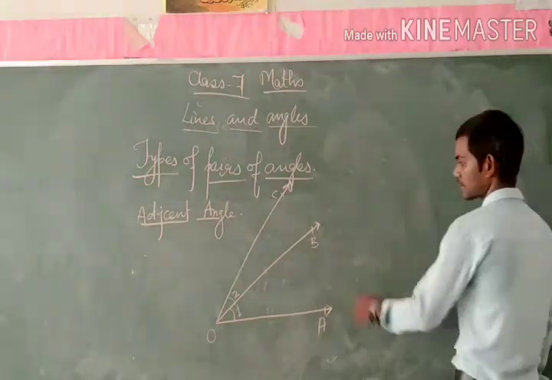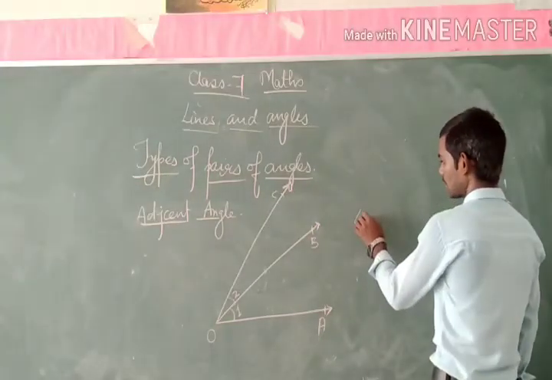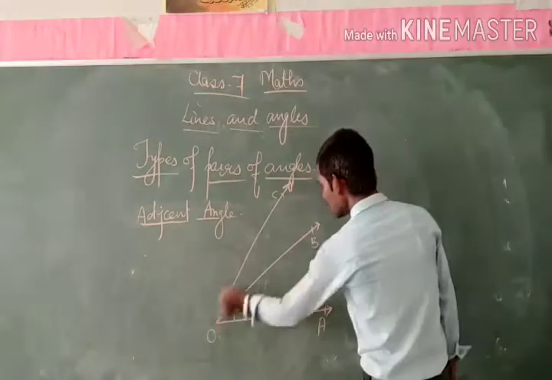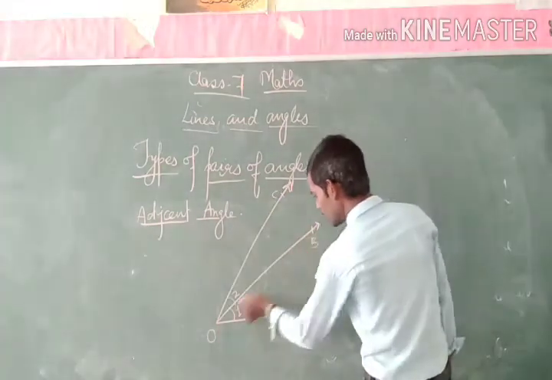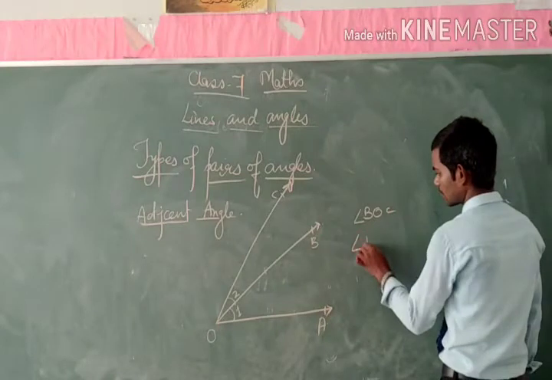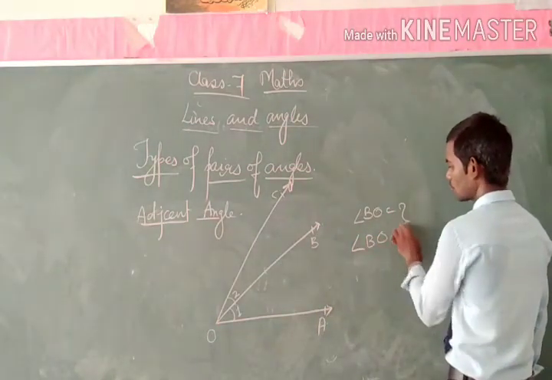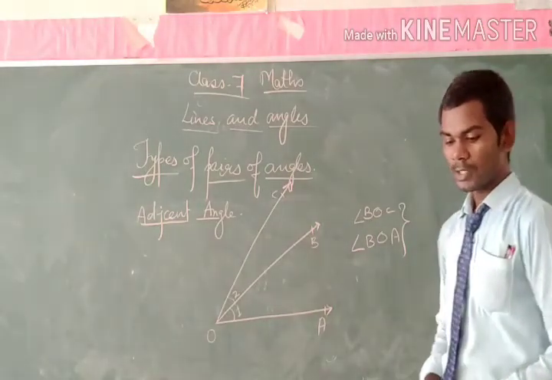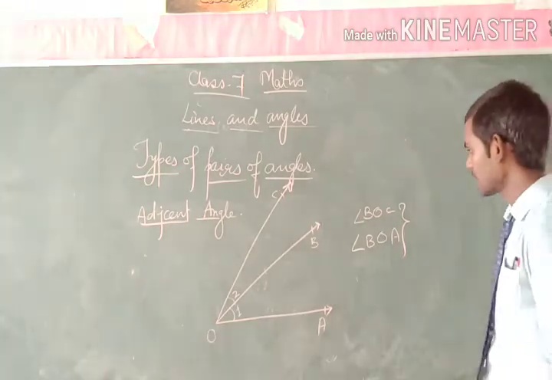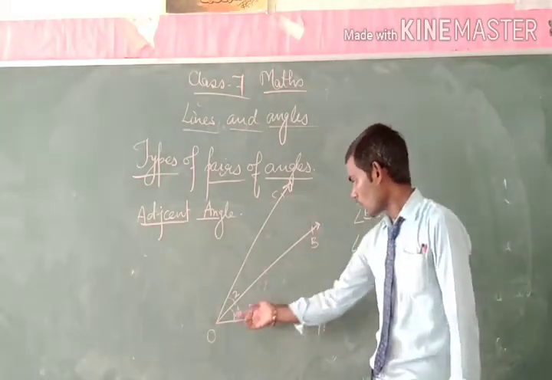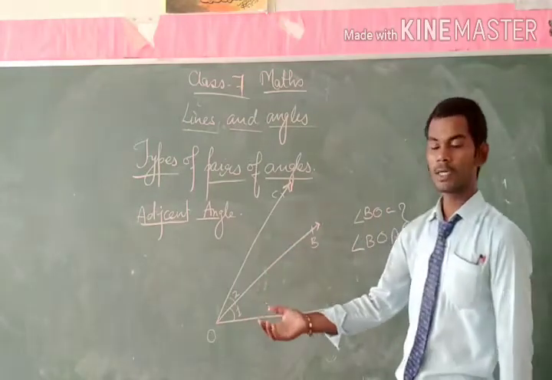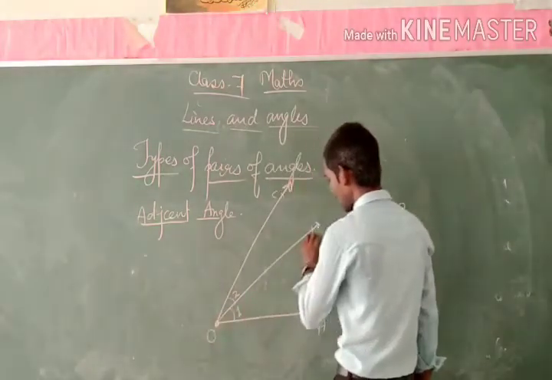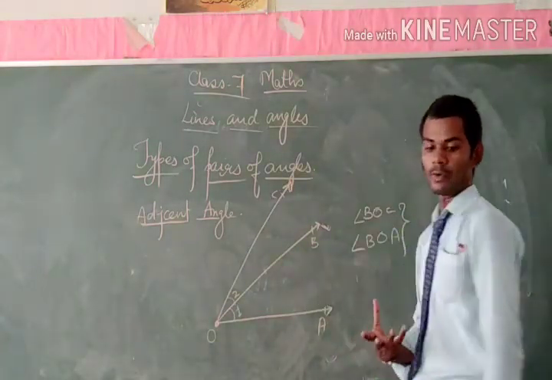Here in this figure, angle BOC and angle BOA are adjacent angles, as they have a common side OB and the common vertex O. The vertex O is the corner point, and the side OB means the arm OB.